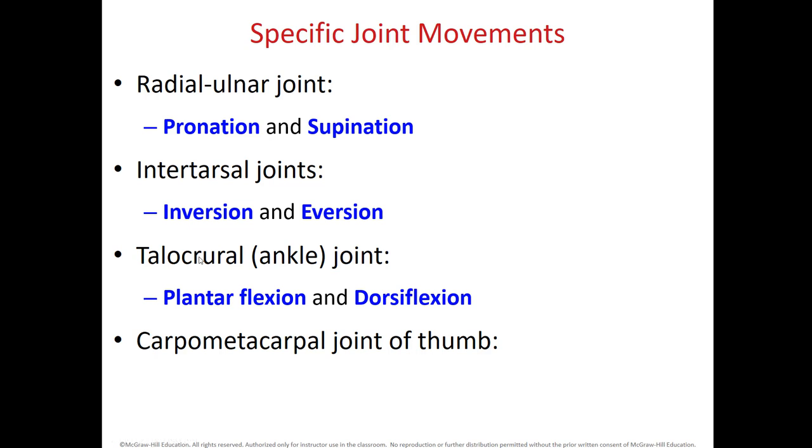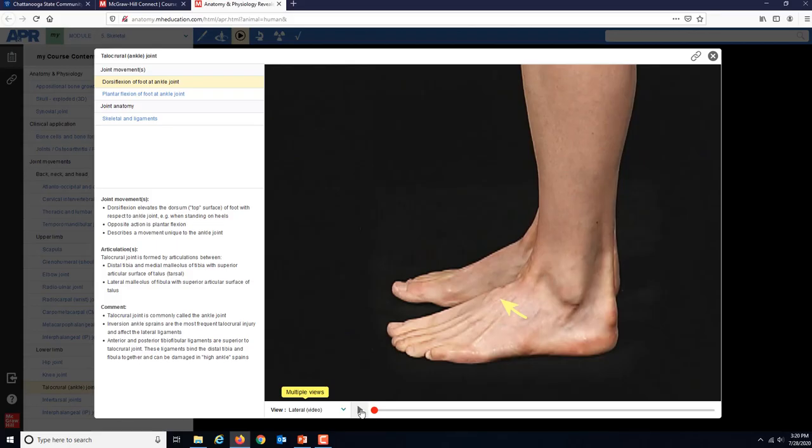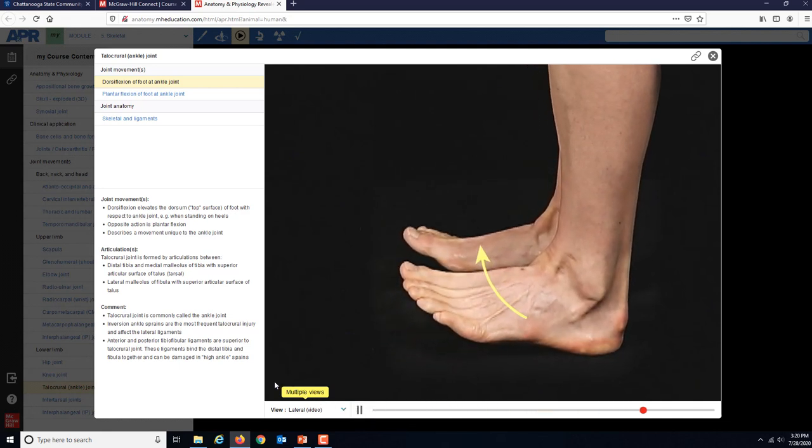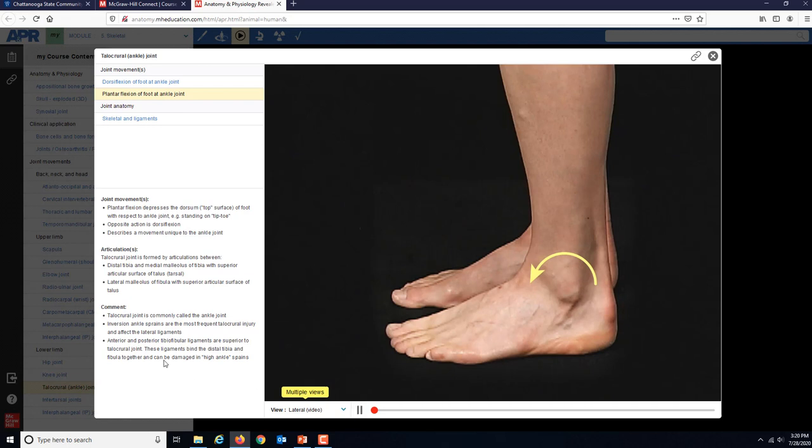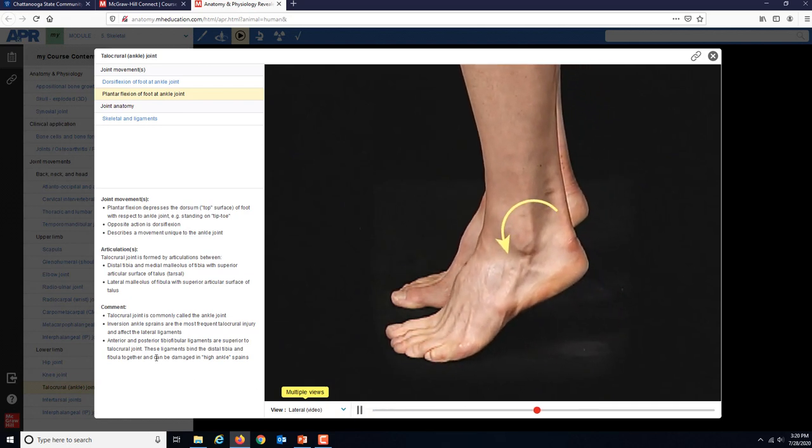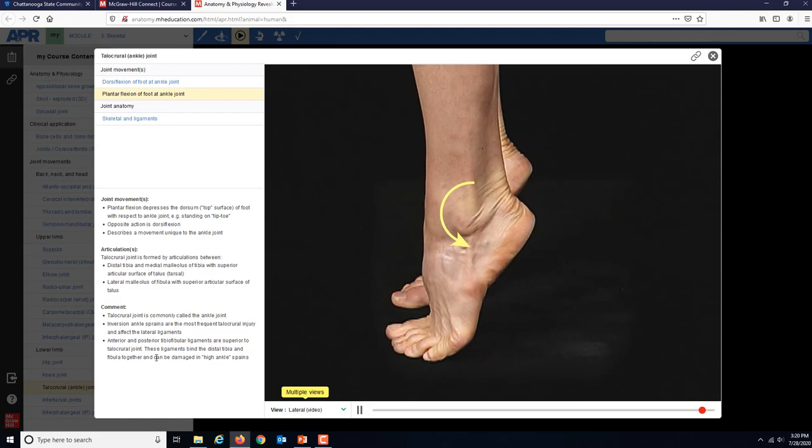This is typically a hinge joint. The special movements at the ankle are plantar flexion and dorsiflexion. Dorsiflexion is when you pull your toes up. Plantar flexion is when you go up on your toes.